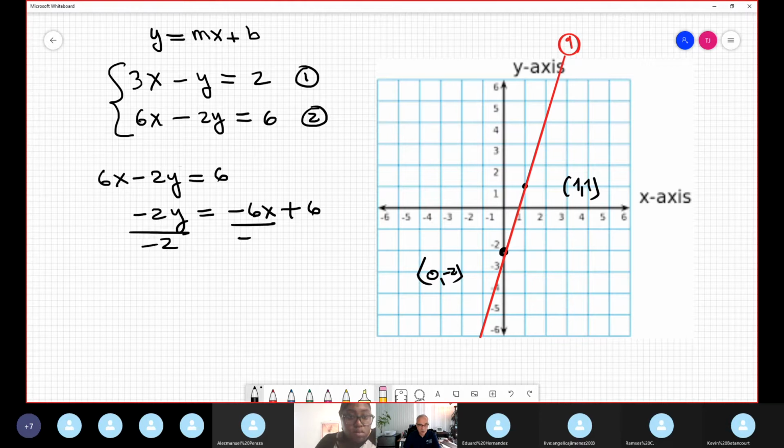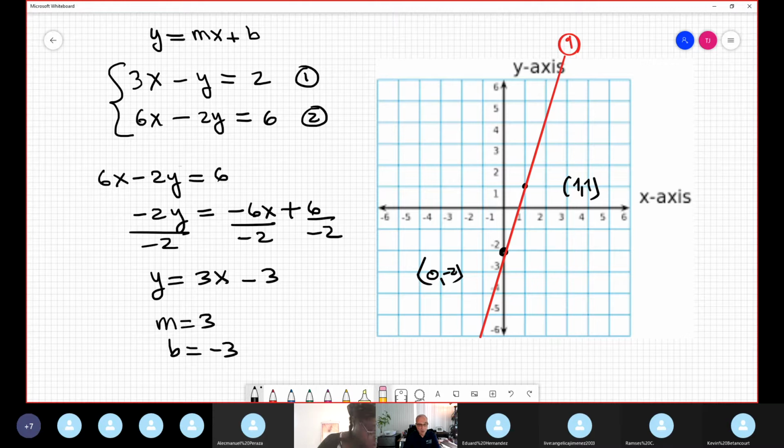Because my goal is to solve for y, positive y, not negative y. I have y alone is equal to 3x minus 3. I discover that the slope is 3 and b is negative 3. Therefore, I plot the y-intercept here at negative 3. This point is (0, -3).